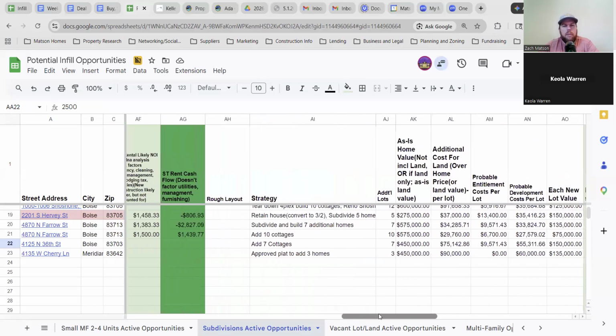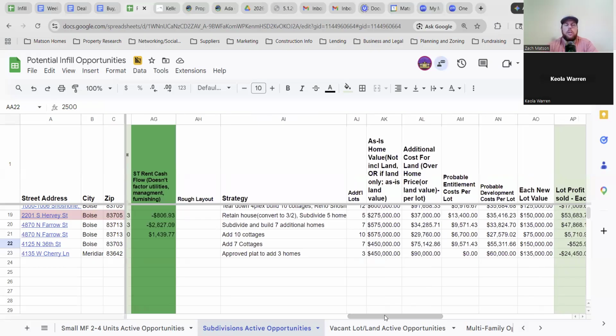So the nice thing with cottages, it gives you a lot of flexibility versus if you were to just buy an 8-unit apartment complex, for example. That doesn't give you the flexibility to make it cash flow with today's interest rates and what you're paying for it today. If you were to go out and buy an 8-unit apartment complex, you're stuck with those 8 units.